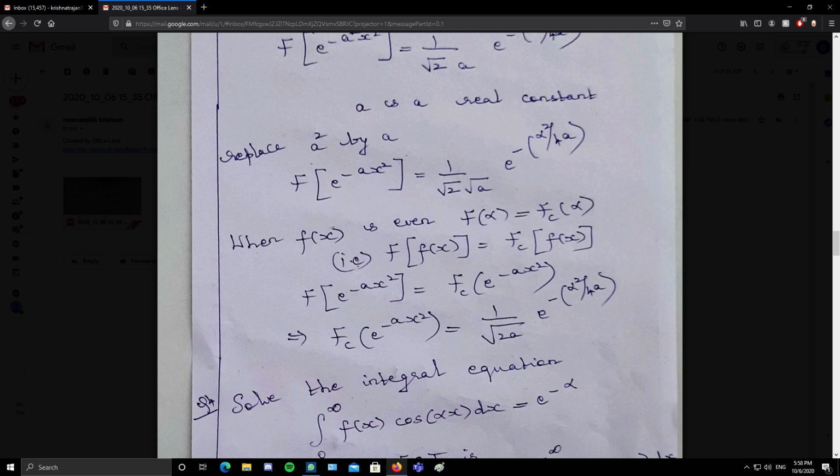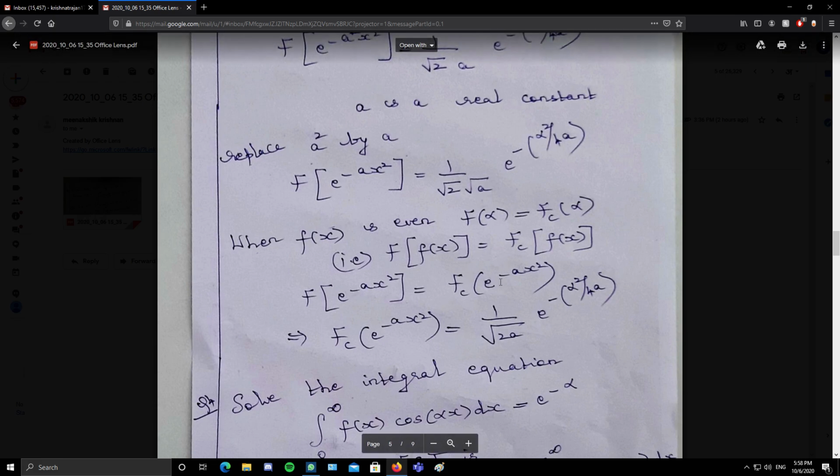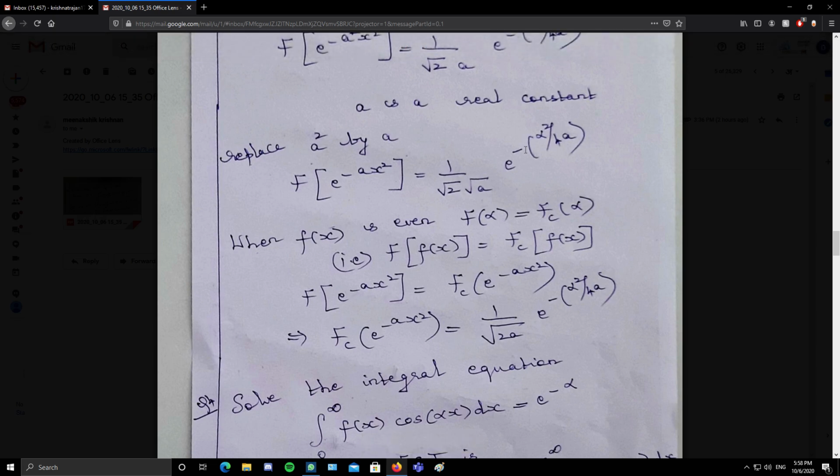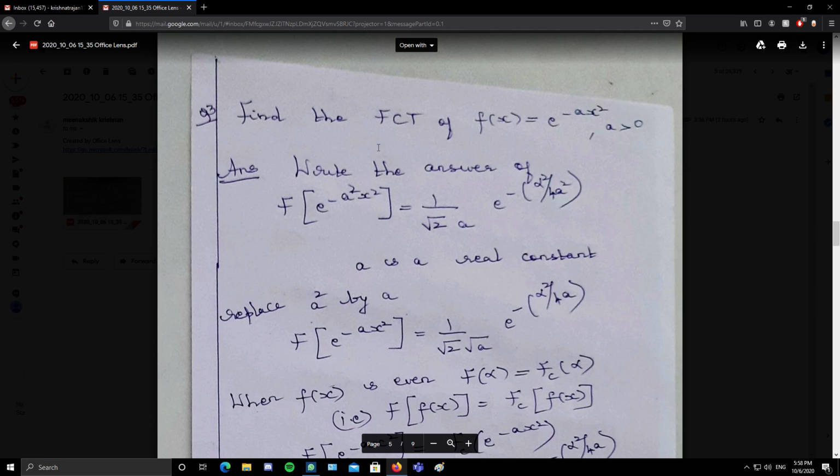So what is F of e power minus ax square? 1 by root of 2a e power minus alpha square by 4a. So this implies Fc of e power minus ax square is also 1 by root of 2a e power minus alpha square by 4a. I repeat, you are asked to find the cosine transform of e power minus ax square.